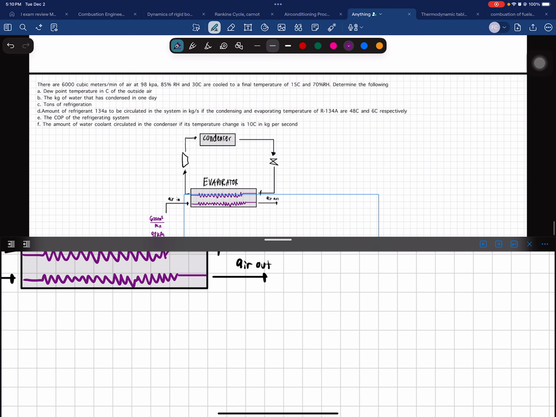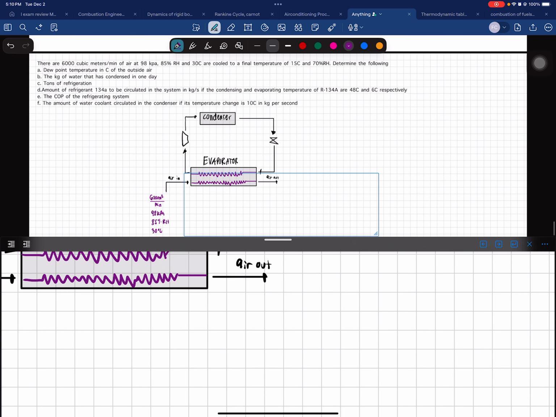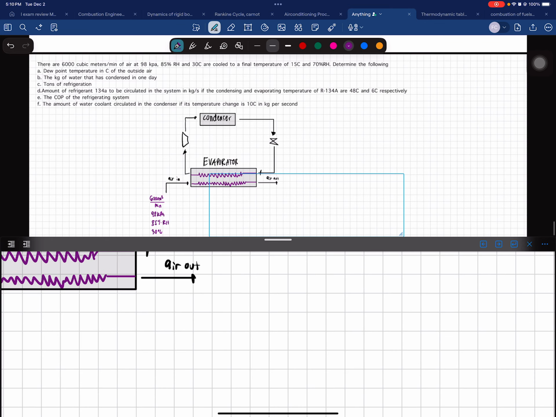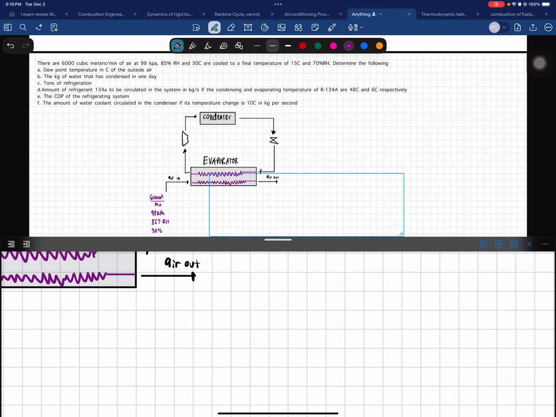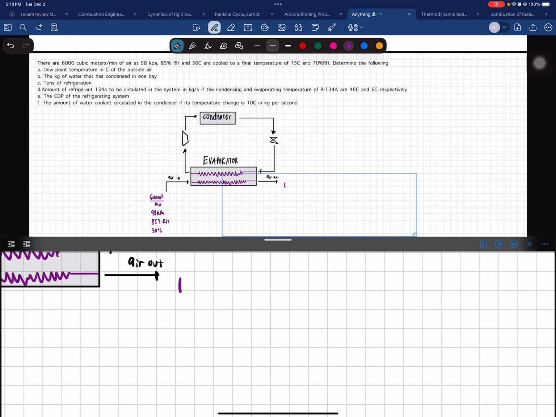Okay, so air going out, we have a dry bulb temperature of 15 degrees Celsius and a relative humidity of 70% RH.